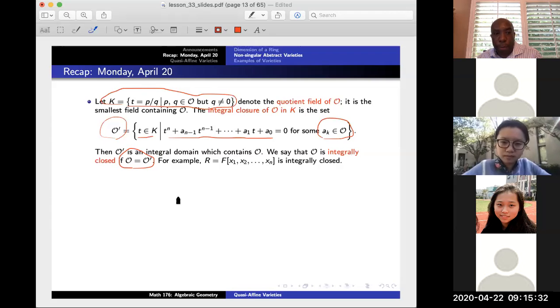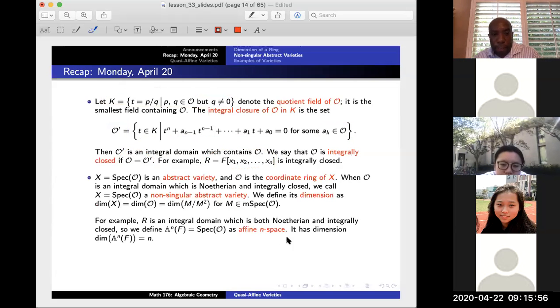Again, O prime always contains O, so we'll say it's integrally closed if we have equality, if O prime equals O. So as an example, the polynomial ring in n variables is a ring that is integrally closed. One of the tricks that we'll have to do is figure out when a ring is integrally closed.